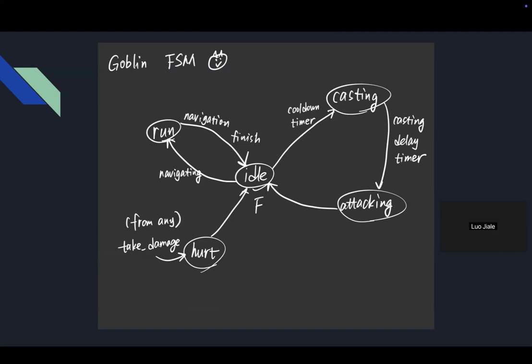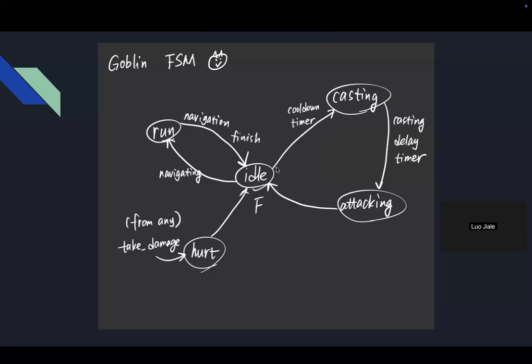So that phase before the attacking phase is called the casting state. And then in the casting state, there will be a casting delay timer, right? This is the duration it uses to cast the attack. And after this timer is finished, it's going to transition into the attacking state. And similar to the player, when it finishes attacking, it will go back to the idle state.